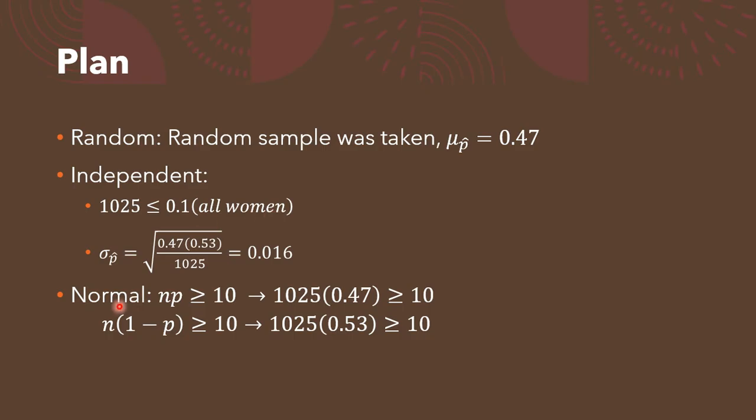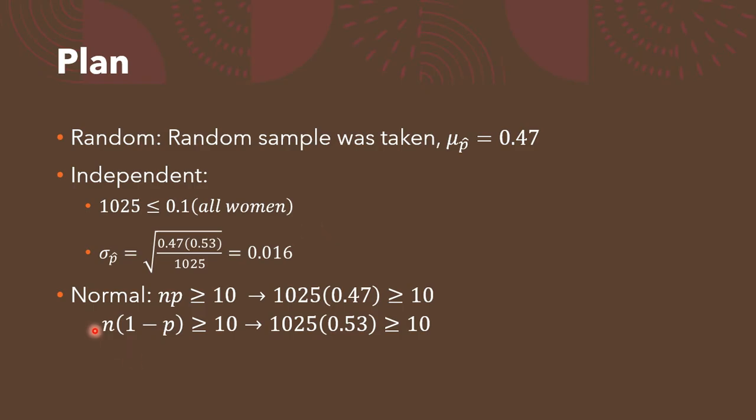After that, we have our normal distribution, or our standard deviation formula. So 0.47, which is the probability for this situation, and then 0.53, which is the probability that it's not, divided by how large our sample was. So our deviation that we're working with is 0.016, or about a 1.6% deviation left and right.